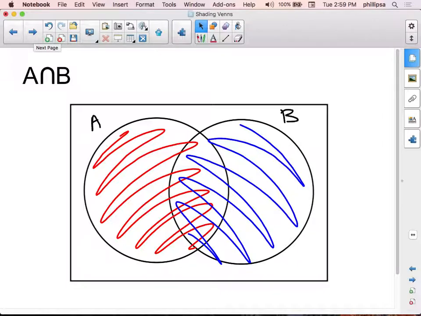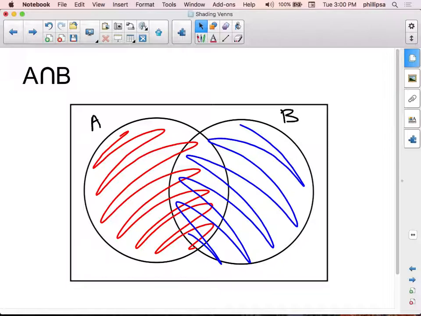Intersections are very different from unions because now you're not including more, you're actually taking away stuff. You're not accepting more, you're accepting less. You're only interested in the intersection of the two. In terms of how I've shaded, I shade like this on purpose. I have different colors here, which can help, but I also like to look at where the crisscrosses are.